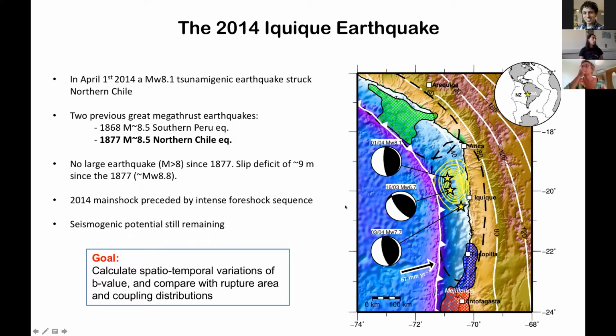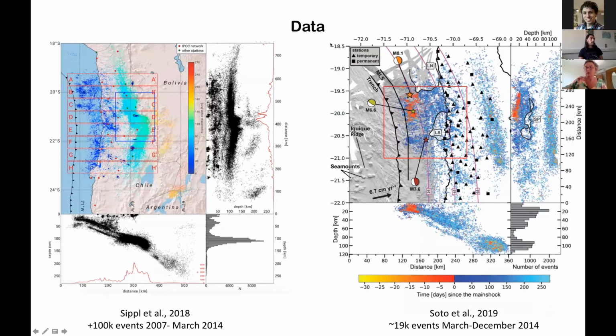So the goal for this study is to calculate the spatio-temporal variations of b-value and compare this distribution with the rupture area and the seismic coupling distribution. And for that, the data set we use is 2 different earthquake catalogs.